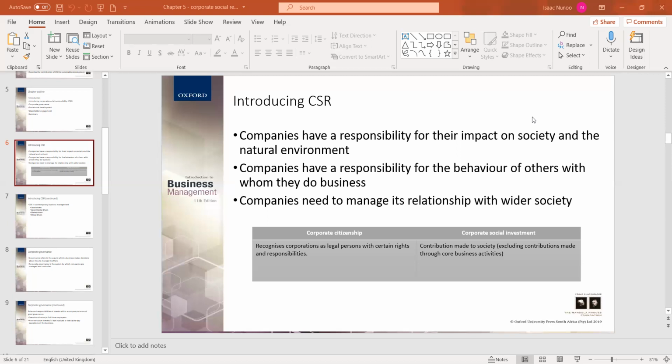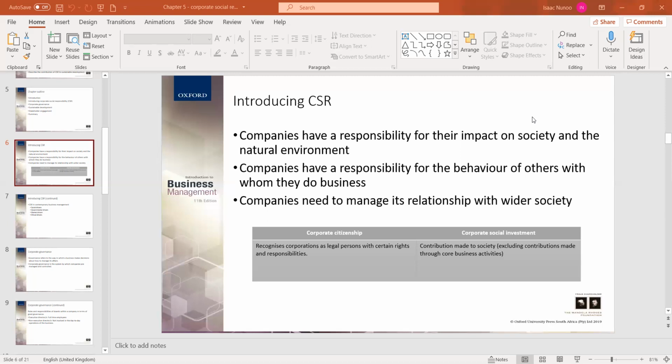We can also talk about how companies need to manage their relationship with the wider society. How do you improve the society?